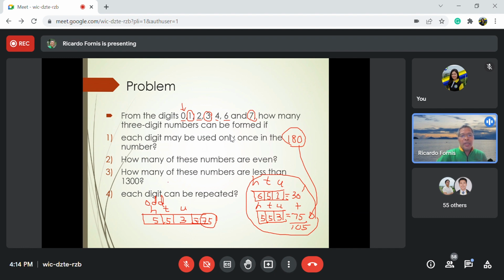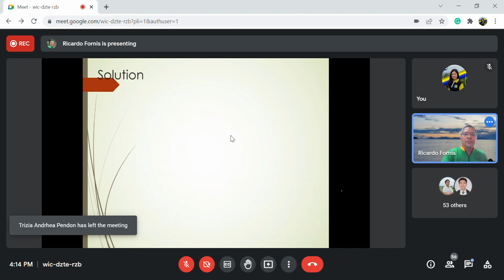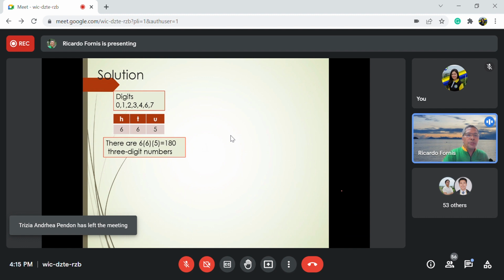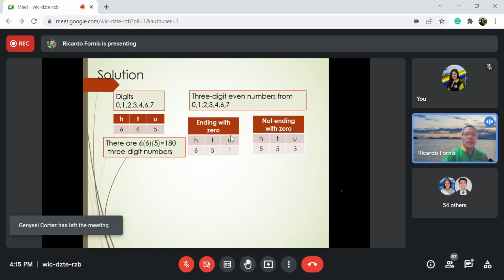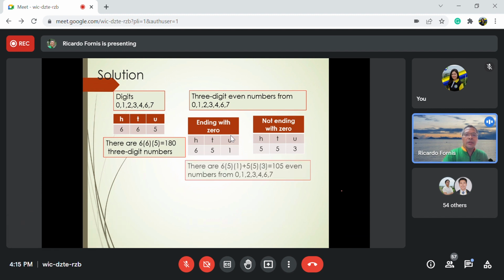Okay, how many of these numbers are less than 1,300? I think with my discussion in 1 and 2, the third problem is not difficult anymore. So let me show you the solution. So here are the solutions. There are 180 three-digit numbers, ending with 0, not ending with 0, in total 105 even.